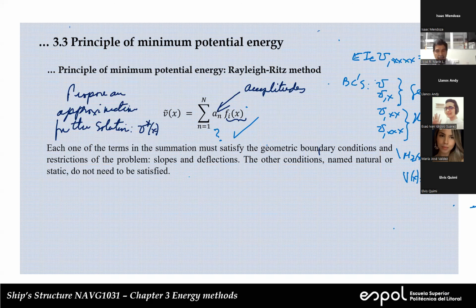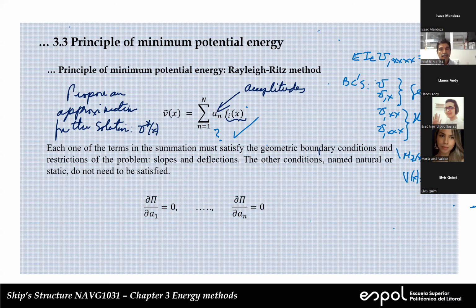Since we try to find the minimum, we can differentiate partially the expression for the potential energy with respect to each one of these amplitudes.